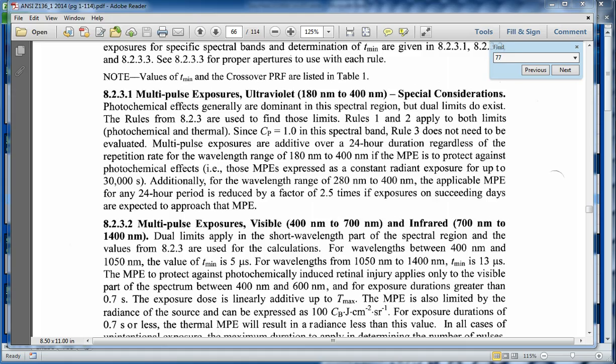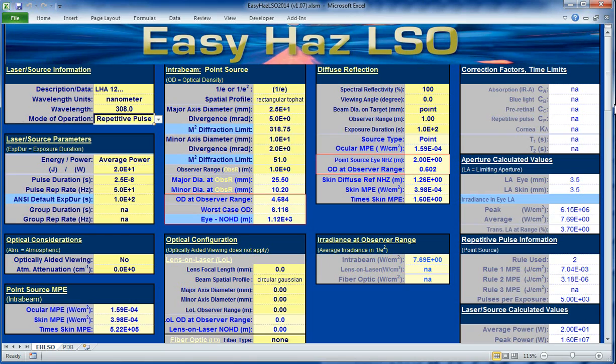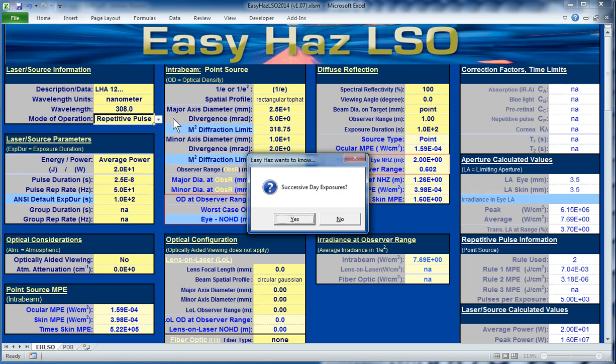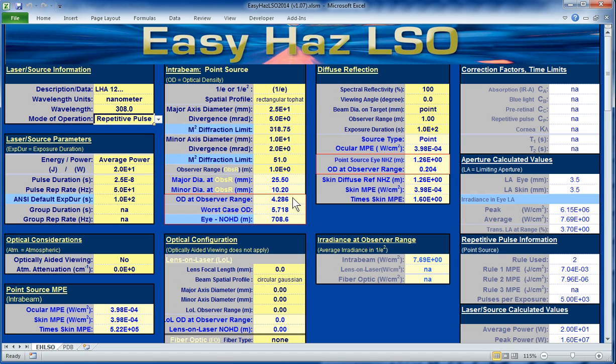Let's go back and look at our example again, we'll see that this isn't quite as hazardous as the 248 nanometer wavelength, because the NOHD and the OD values are slightly lower. Right? But anyway, now if we were to take a look at this again and say, well, let's enter 308, get our message out, and we say no, we'll see that they're even further reduced because we're no longer reducing the MPE.